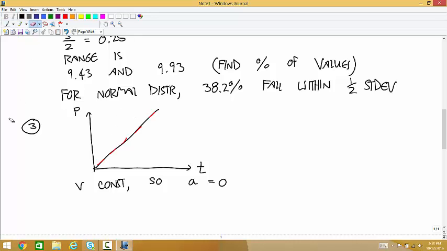I think, usually when you get stuff wrong about acceleration, you're confusing acceleration and velocity. So a lot of people in this example would have said positive velocity, positive acceleration, because the values are increasing. But remember that acceleration is a change in velocity. So if the velocity stays the same, the acceleration is 0.